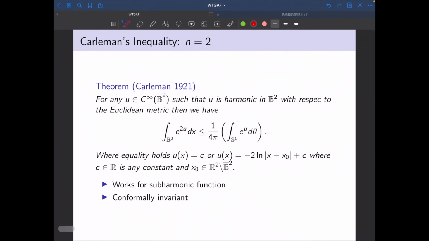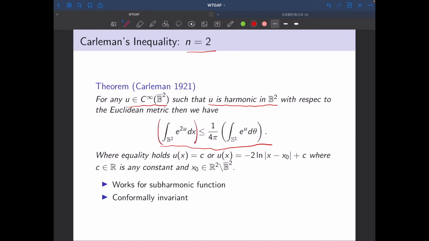Before I talk about the proof of the uniqueness in the limit case inequality, I want to talk about the interpretation of the limit case inequality as Carleman's inequality in higher dimensions. In dimension 2, Carleman proved the following inequality, which concerns a function u that is harmonic in the interior of the unit ball, and also it is smooth up to the boundary. Then we can have the exponential inequality.